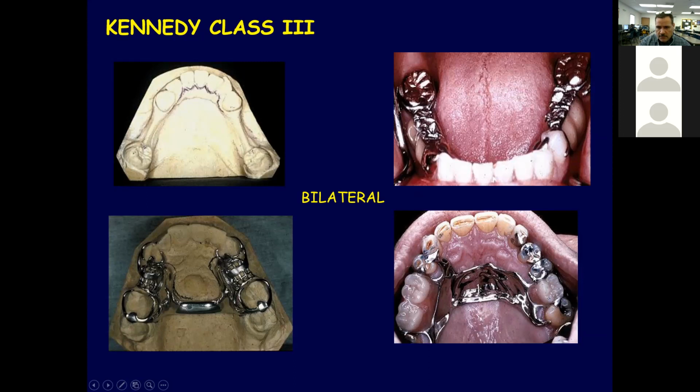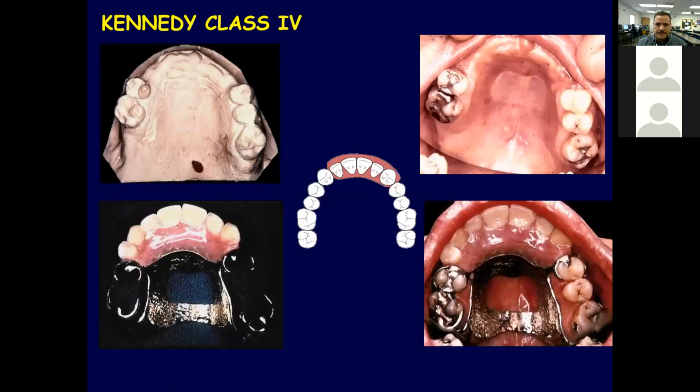This is a retainer. Some call it clasp, but in general they call it retainer because it prevents the dislodgement of the denture. It's a major connector here, and this is a minor connector. Between the clasp and the major connector, there's a minor connector.